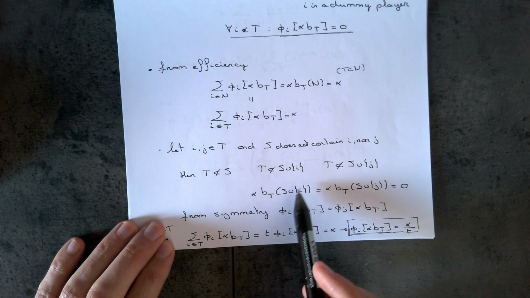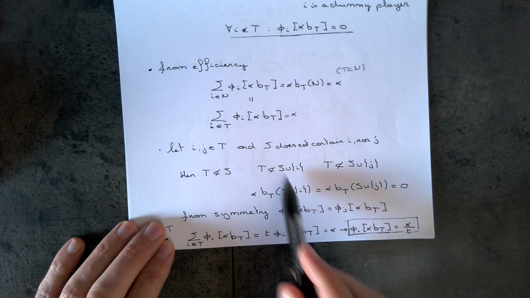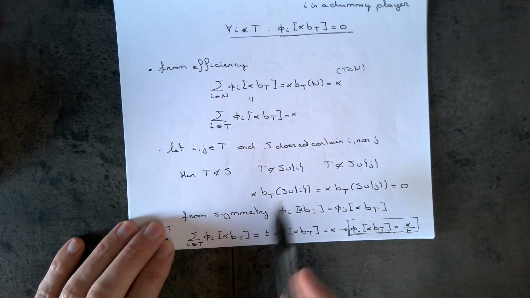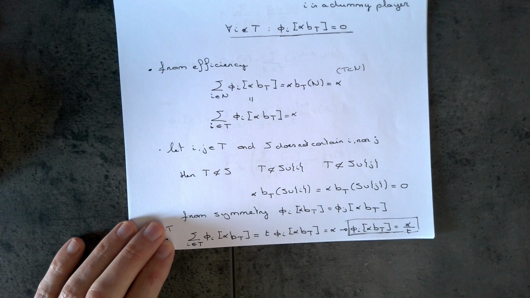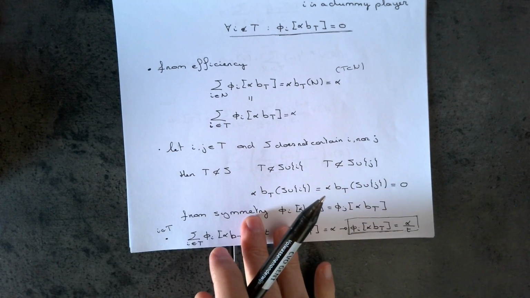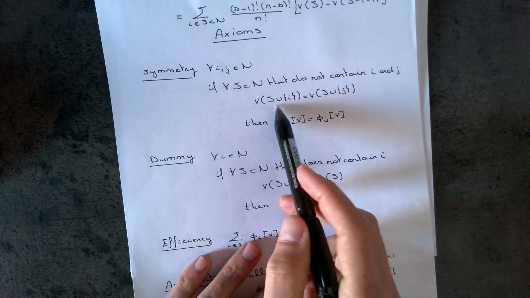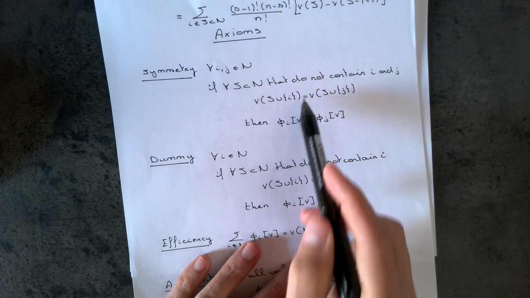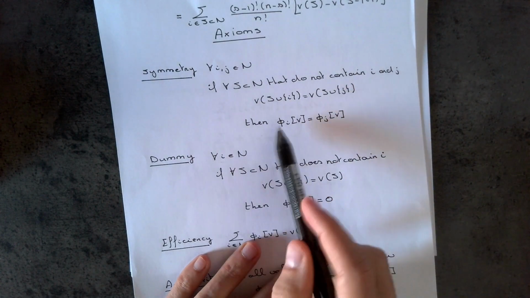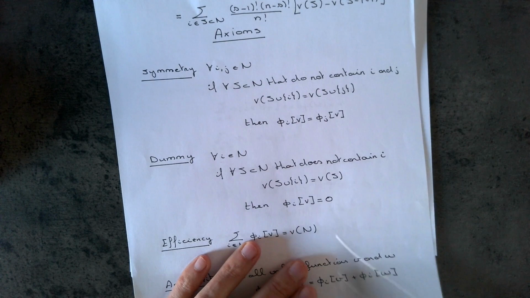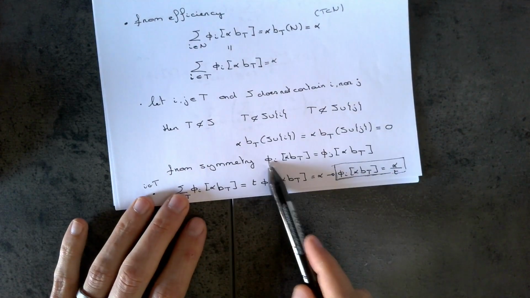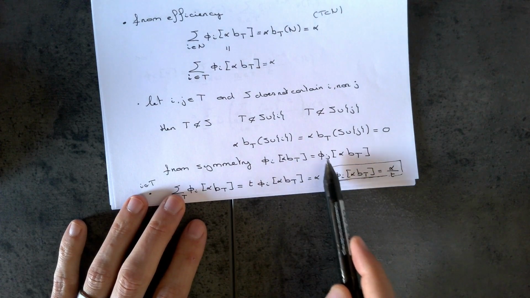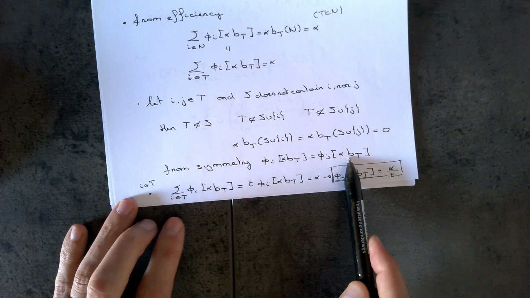So here, for any set S that doesn't contain I nor J, the value of S union I and the value of S union J will be equal to 0. And so this condition is satisfied, and if this value satisfies symmetry, we know that the two players should obtain the same value. In other words, phi I of alpha B_T should be equal to phi J of alpha B_T.